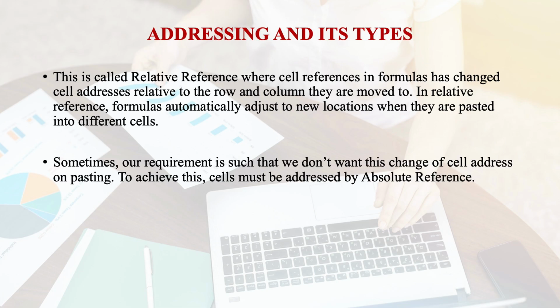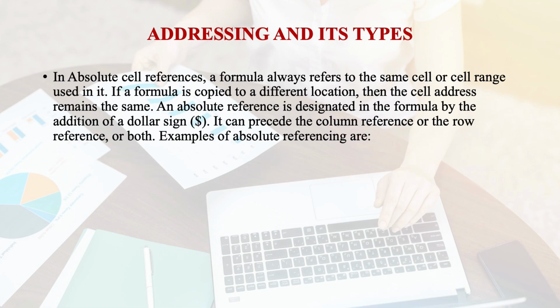But many times we need to stick to one particular location. The moment we copy the formula from one position of the worksheet to another, we want the same cell to be referred. At that point we are supposed to work with the absolute reference. In an absolute cell reference, the formula always refers to the same cell or cell range used in it.